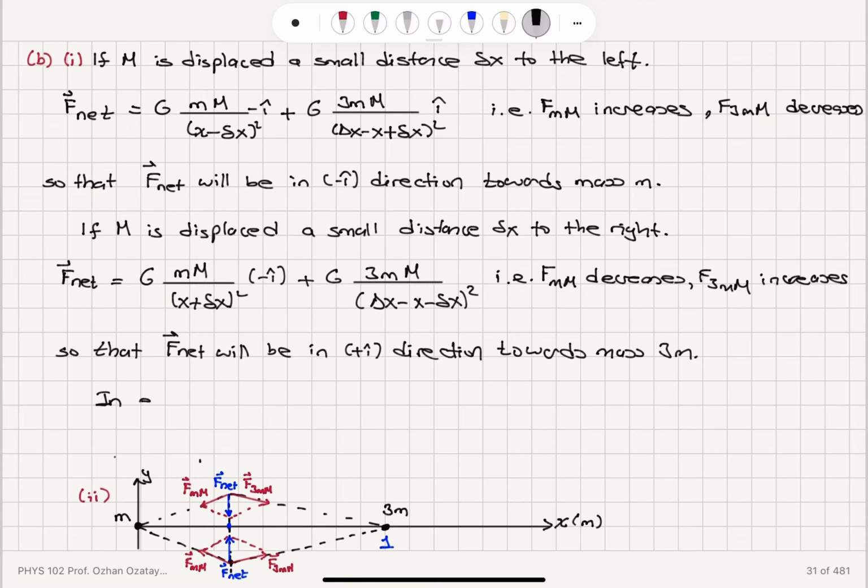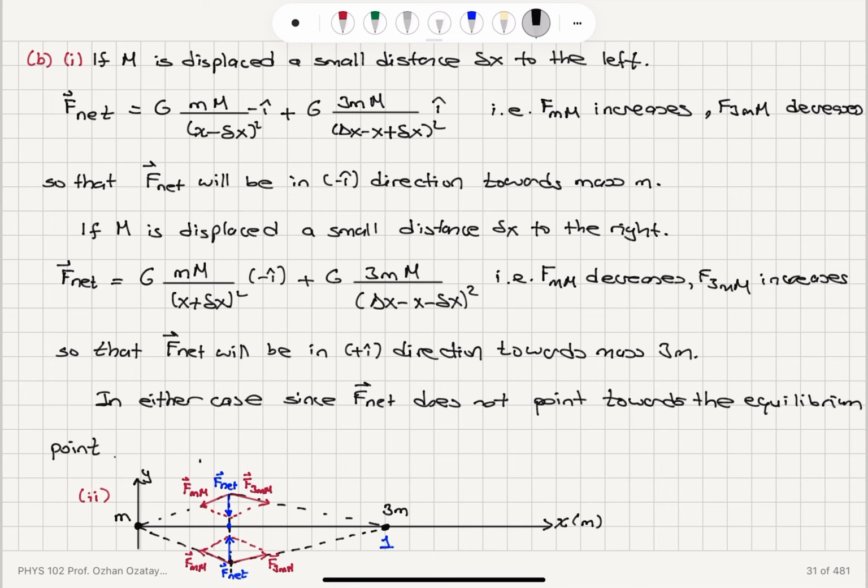In either case, if I displace it by a small amount, since the net force does not point towards the equilibrium point, the system doesn't try to reach the equilibrium back again. The equilibrium we establish in this situation is unstable.